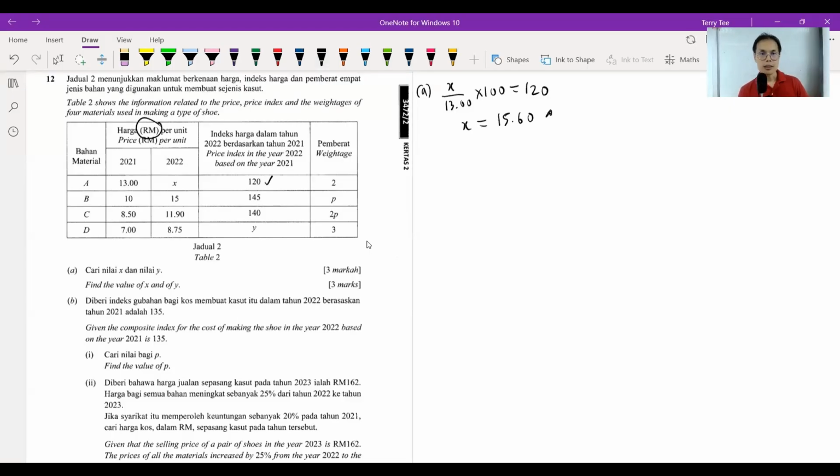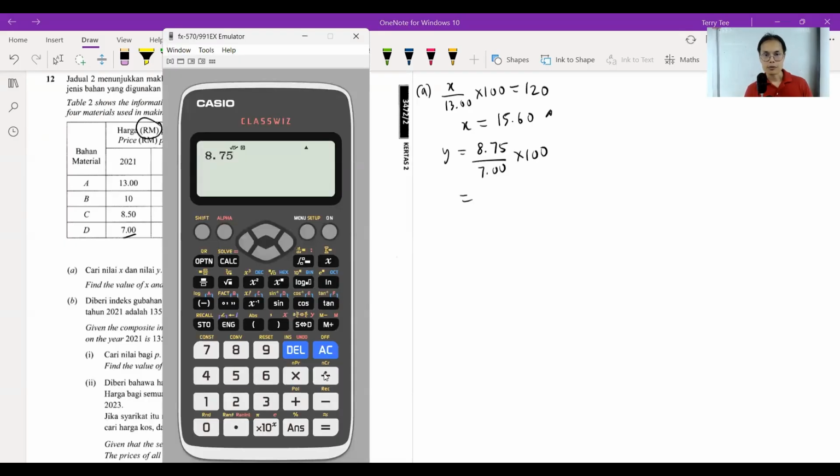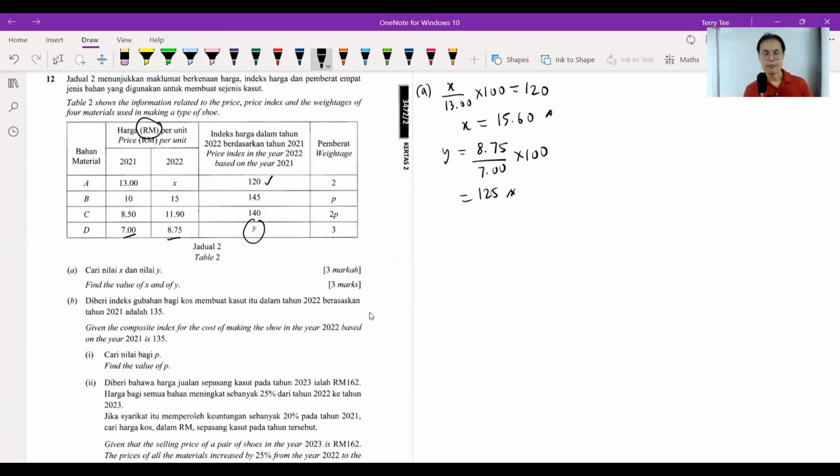Y is the index harga for bahan D. We are given the prices. The price for the year 2022 is 8 ringgit 75 cent. The price in 2020 is 7 ringgit. You multiply by 100. Take 8.75 divided by 7 times 100. My answer is 125. Okay, my Y is 125.